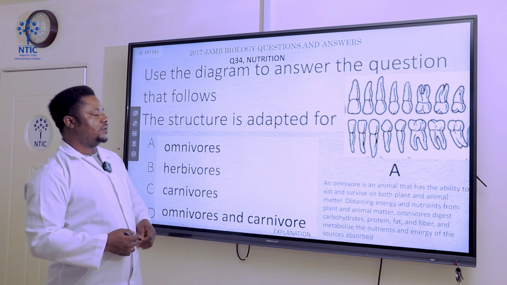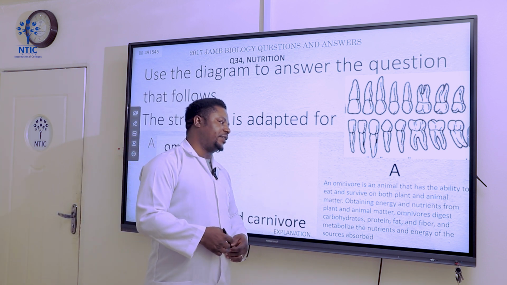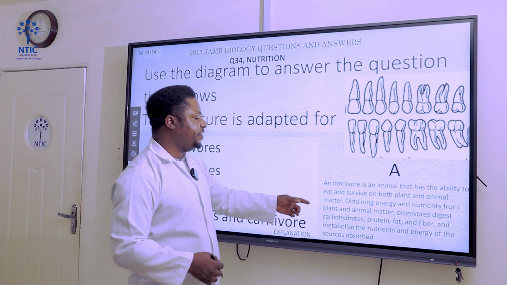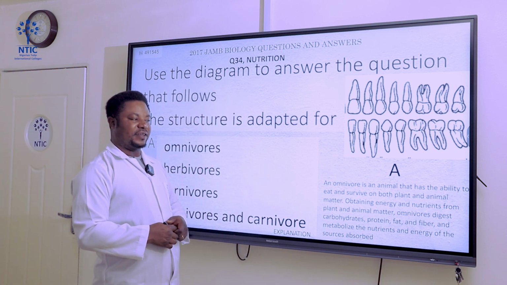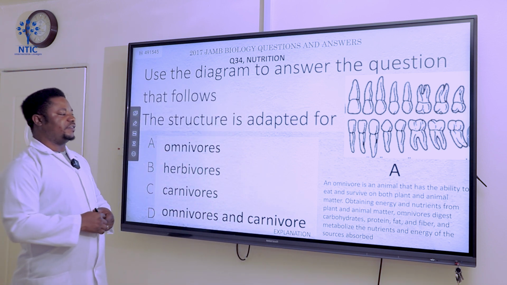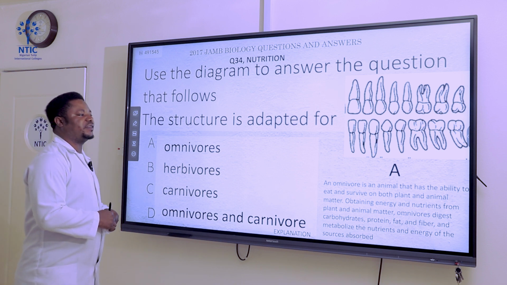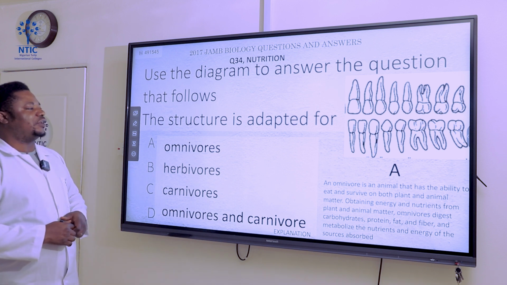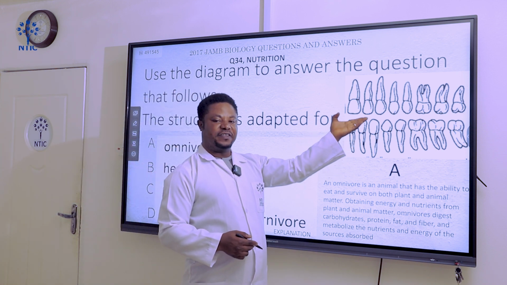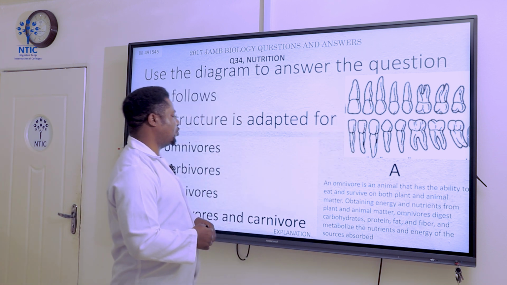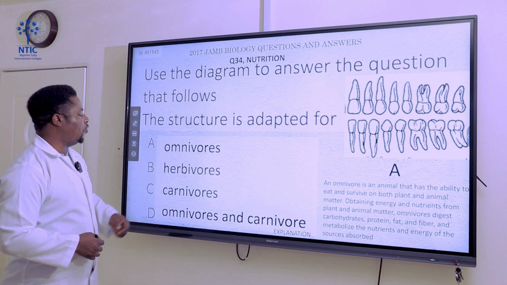An omnivore is an animal that has the ability to eat and survive on both plants and animal matter. If you have the ability to eat and survive on both plants and animal matter, you are said to be an omnivore. And looking at that, you should have this set of dentition. So the correct answer to this is omnivore.